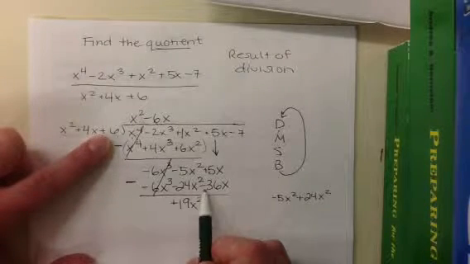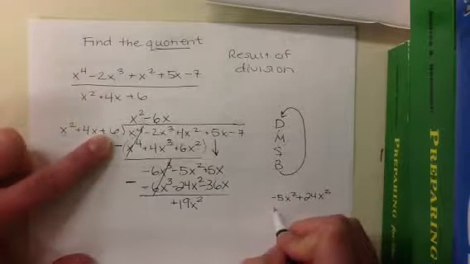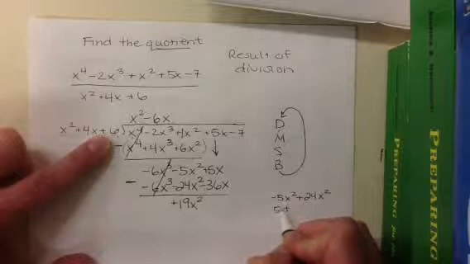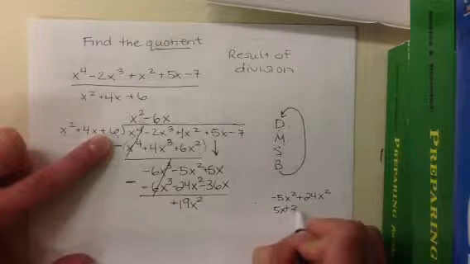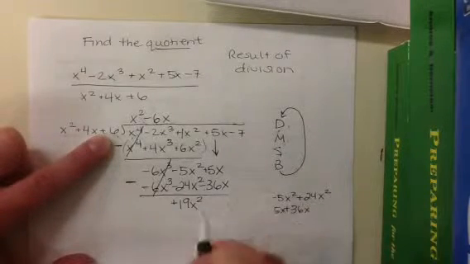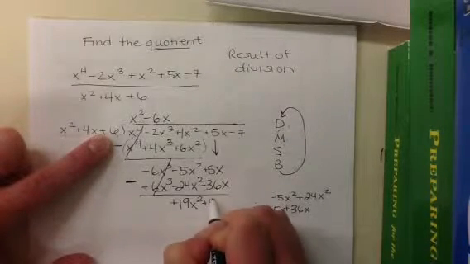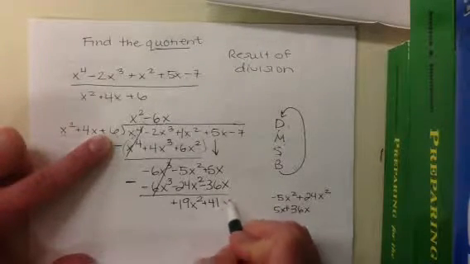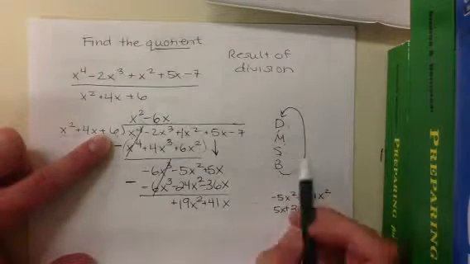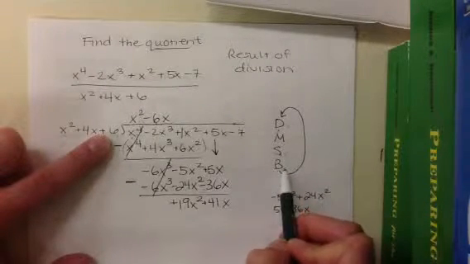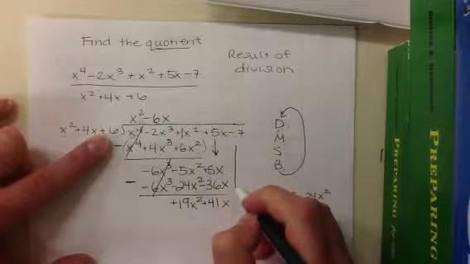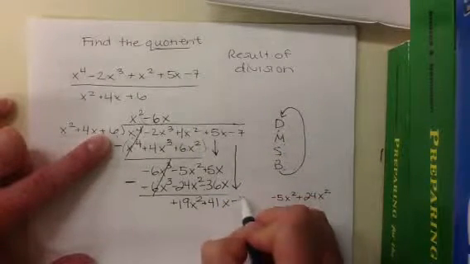Then 5x plus 36x, because of the double negative, which makes it plus 41x. Done with subtraction, now I'm going to bring down. Bring down the negative 7.